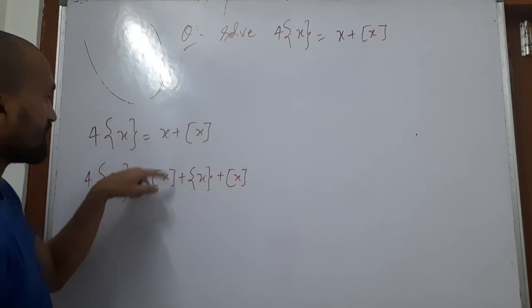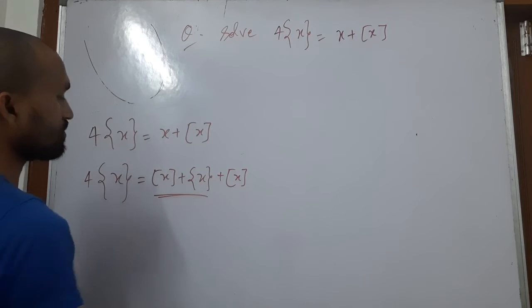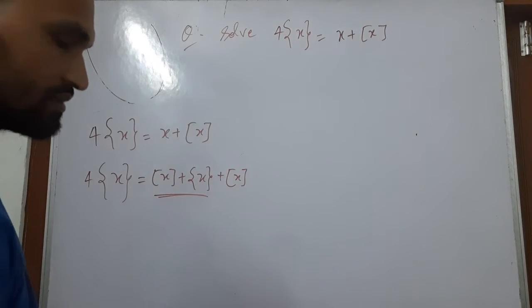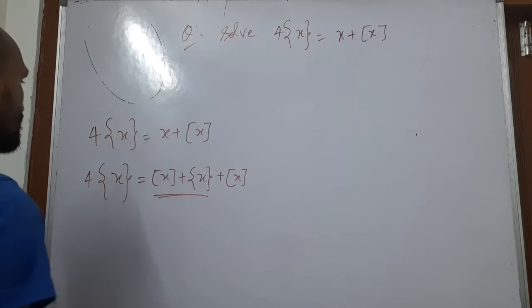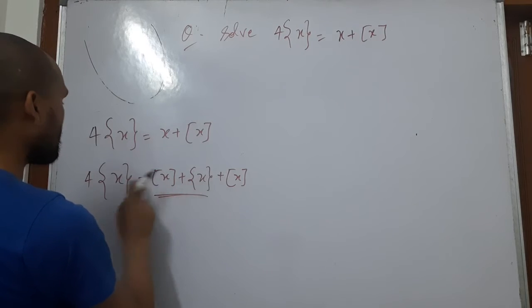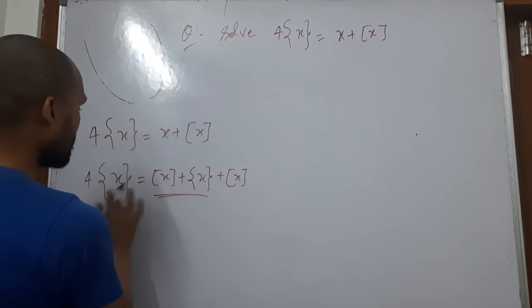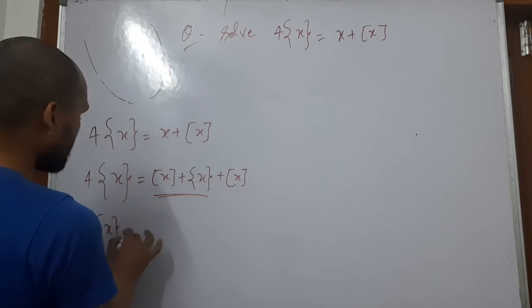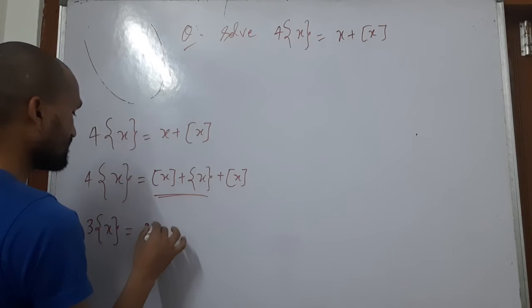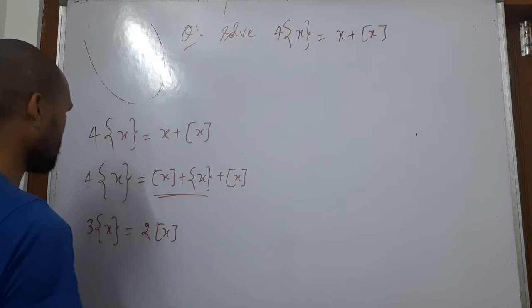So we have put the value of x. x is always equal to greatest integer x plus fractional part x. Okay. Now we should simplify this. One fractional part x will be cancelled out here. So here will be 3 fractional part x. Okay. And here will be 2 greatest integer x.